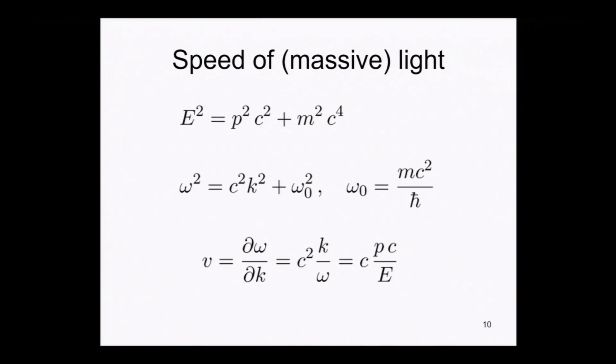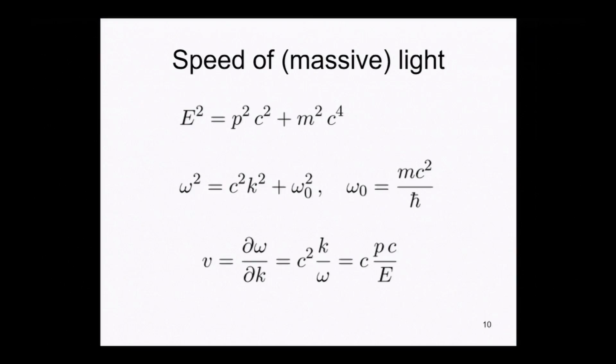So E squared equals p squared c squared plus m squared c to the 4. And if you interpret light as a photon, then the energy of the photon is equal to h bar times omega.